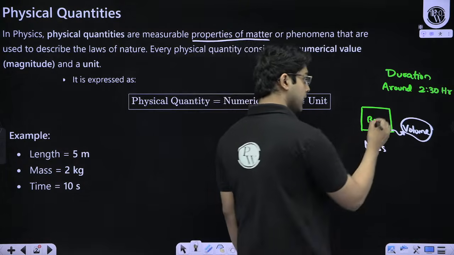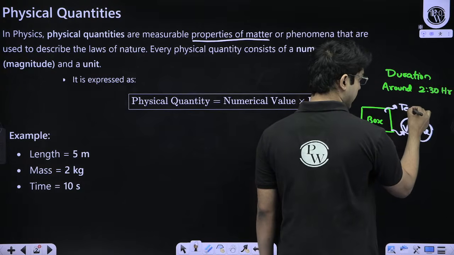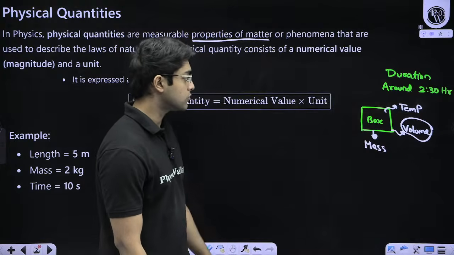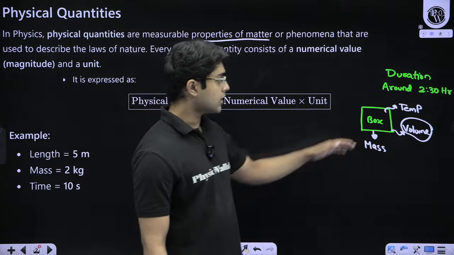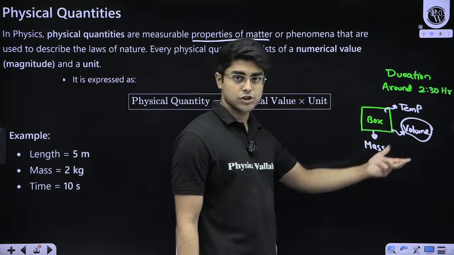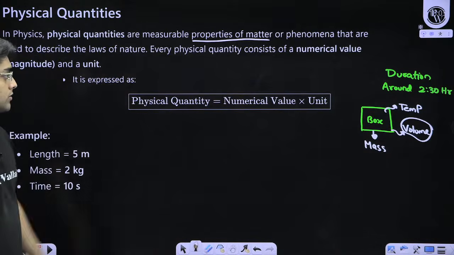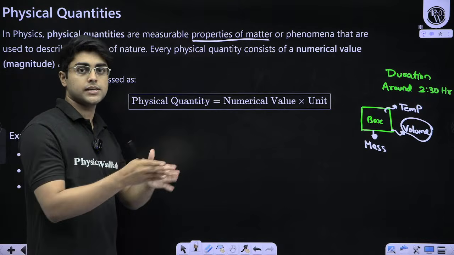The next thing that we can measure is the temperature of the box, I'm just taking a few examples. You can measure the temperature of the air inside the box as well. So these kinds of properties of matter which we can measure using some process come under physical quantities. And physical quantities are what we study in physics, basically in 11th and 12th.